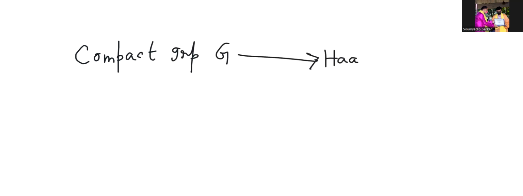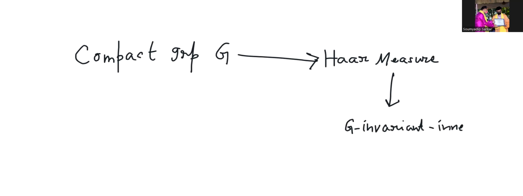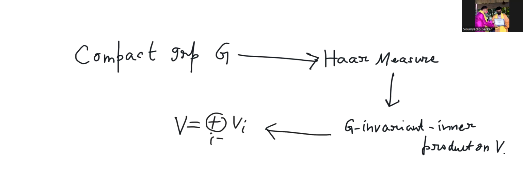You have a compact group G, then that gives you a Haar measure, that gives you a G invariant inner product on V. V means the space that G is acting on, and from that V breaks up into a direct sum of irreducible subspaces.